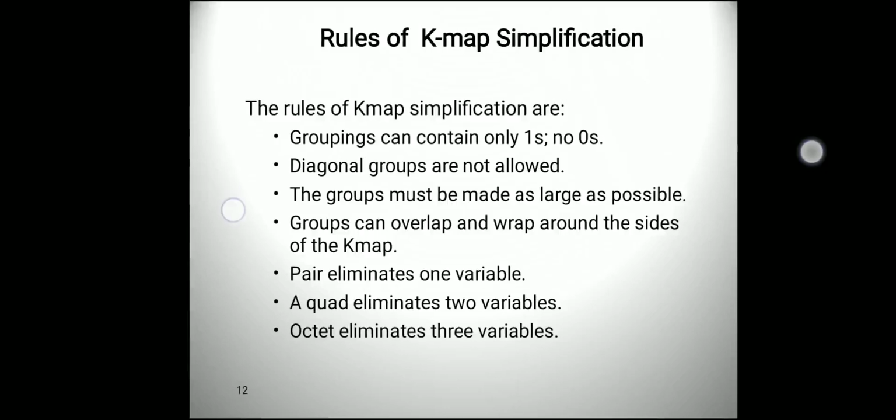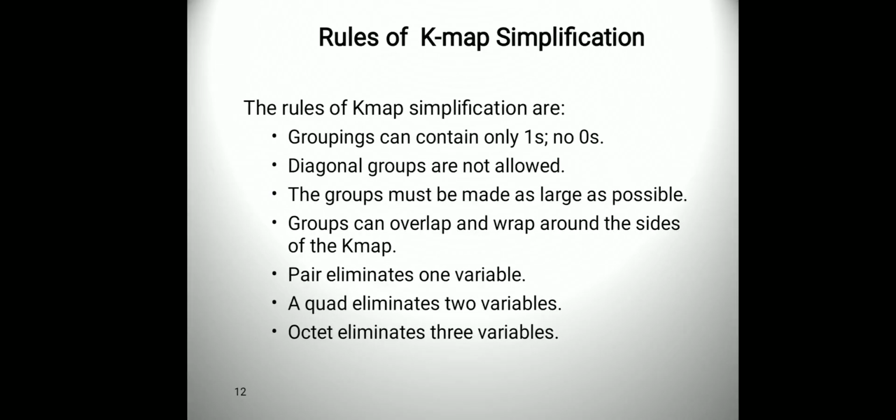The group must be made as large as possible. Groups can overlap and wrap around the side of the K-map. A pair eliminates one variable. A quad eliminates two variables. An octet eliminates three variables. Then which variables are eliminated? The variables which change their value from 0 to 1 or 1 to 0.